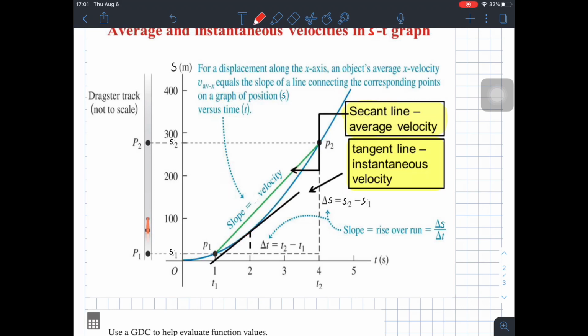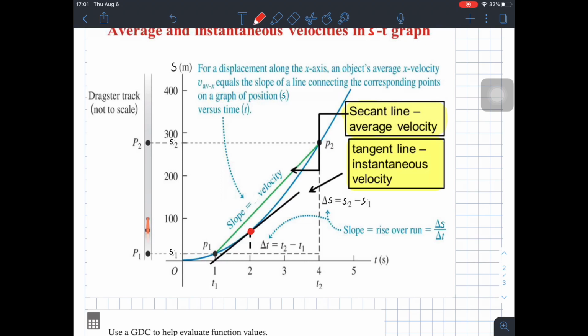And if I join 2 points like this one over here and this one over here, and I find the secant line by joining these 2 points, I'm going to get what's called the average velocity, which is what you normally do in physics, okay?